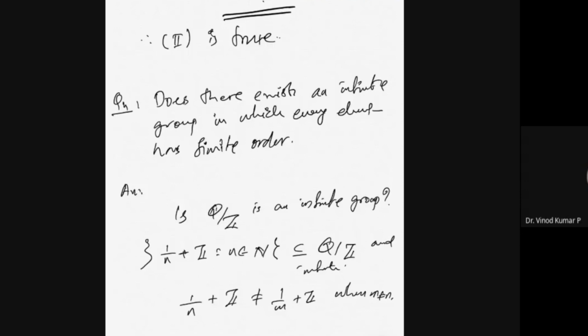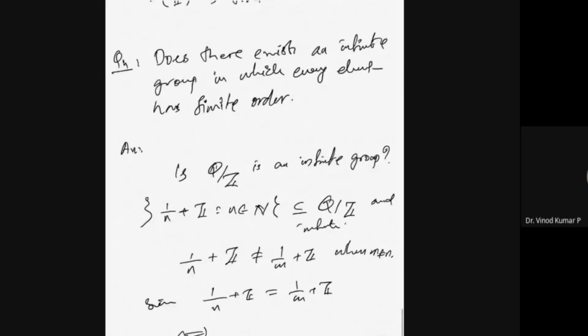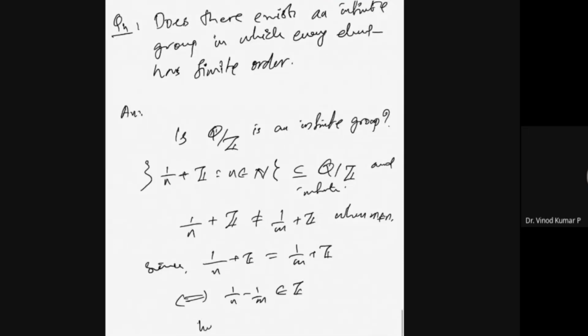This directly follows because these are equal if and only if 1/n - 1/m belongs to Z, but this is not true when n is not equal to m.